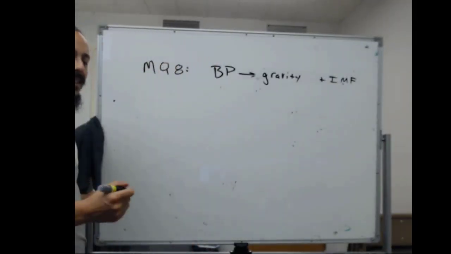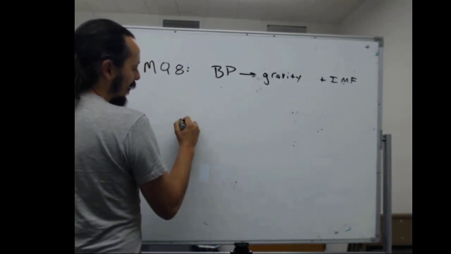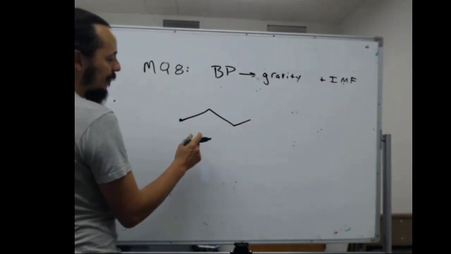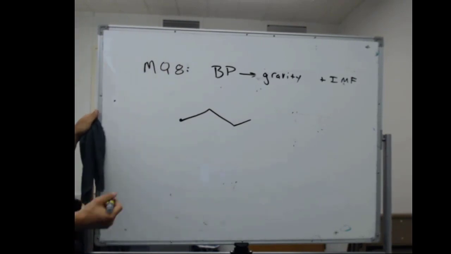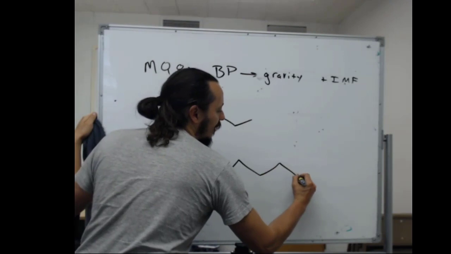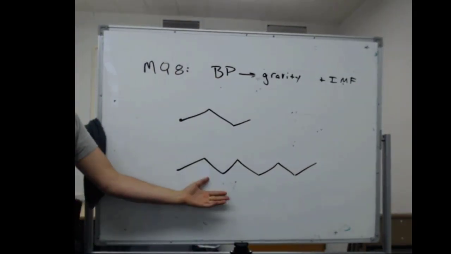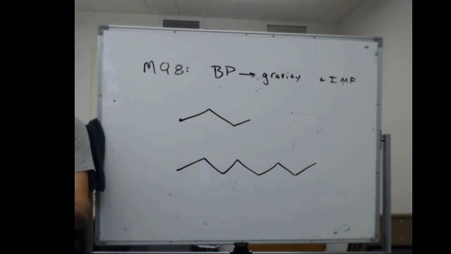There's this misconception that mass inherently leads to more surface area. Right, so if I have something that's got 1, 2, 3, 4 carbons versus something with 8 carbons, 2, 3, 4, 5, 6, 7, 8, you would look at these two and say, oh, the thing with 8 carbons clearly has more surface area, ergo, more mass, more surface area.